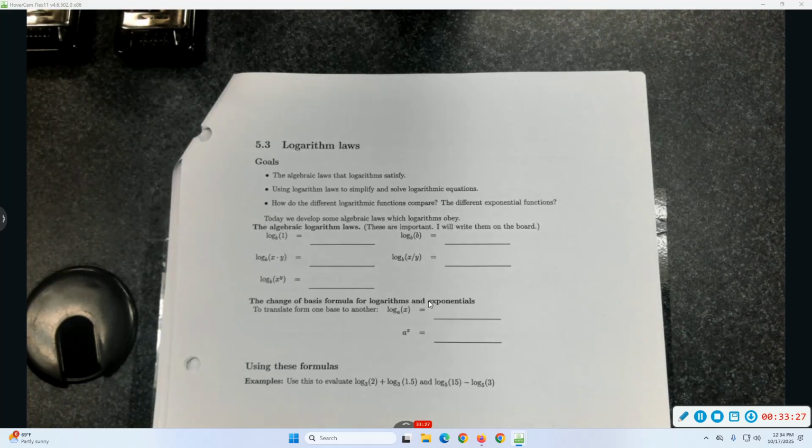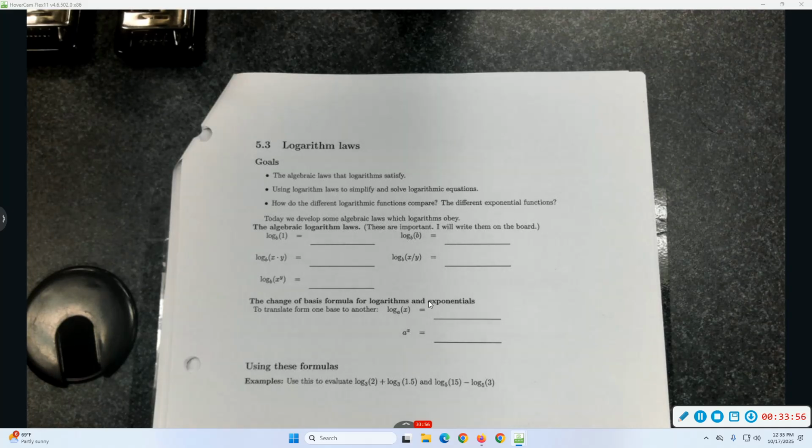So let's start by remembering that exponentials have some nice algebraic laws they follow, right? If I do b to the x to the y, what's that the same as? What if I do b to the x plus y?